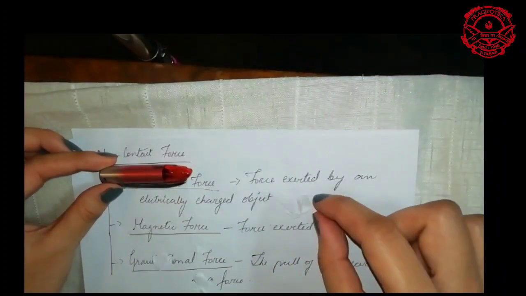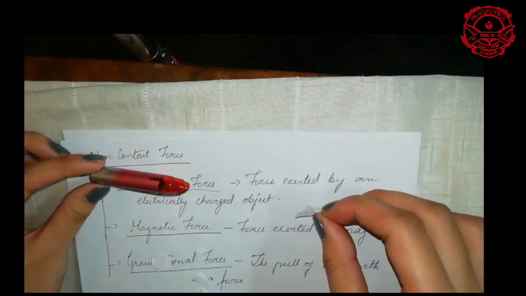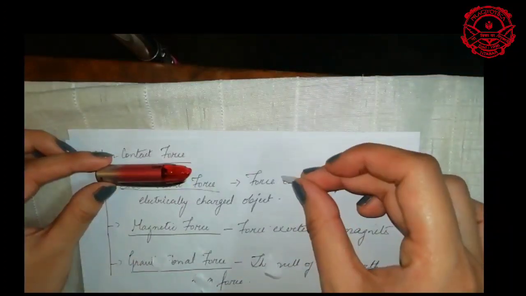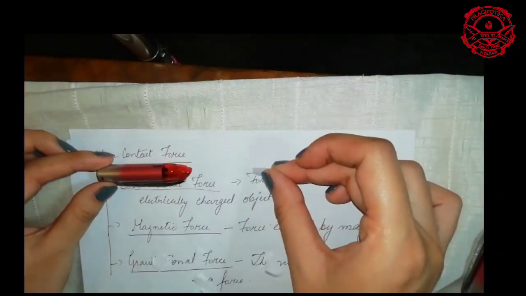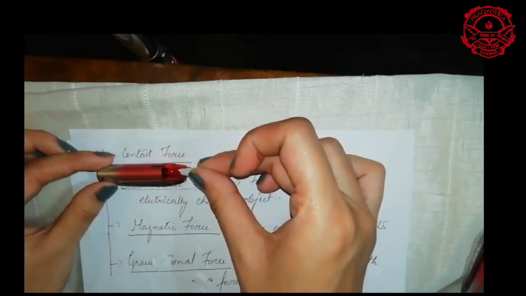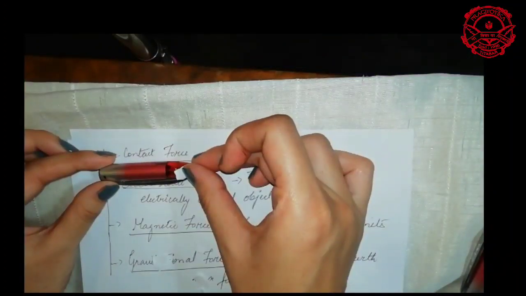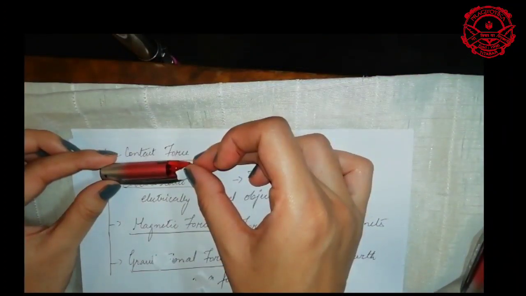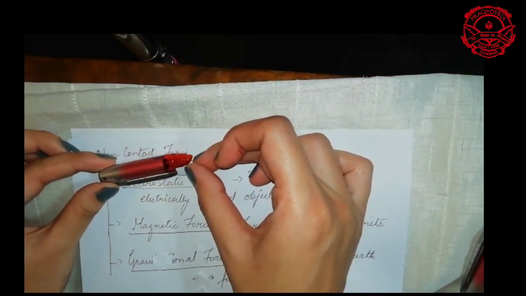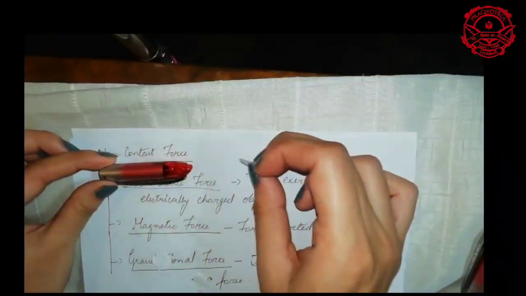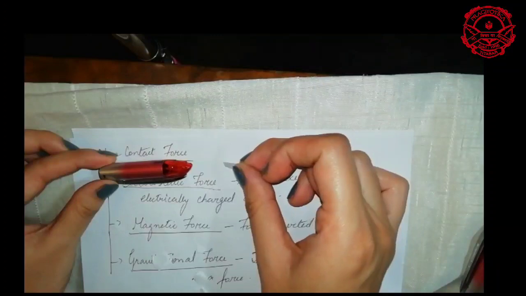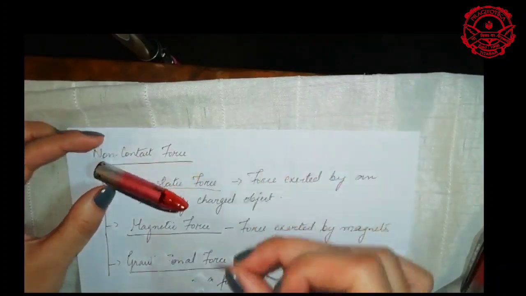So if I bring this iron near the magnet, the magnet will start attracting these things towards it. So this means that the magnet has applied force on this body. The force exerted by the magnet is called a magnetic force.